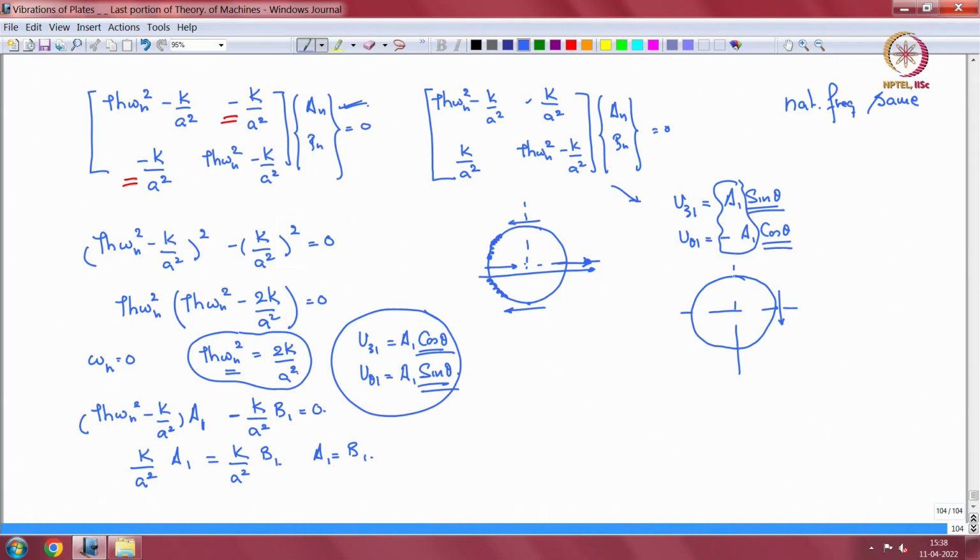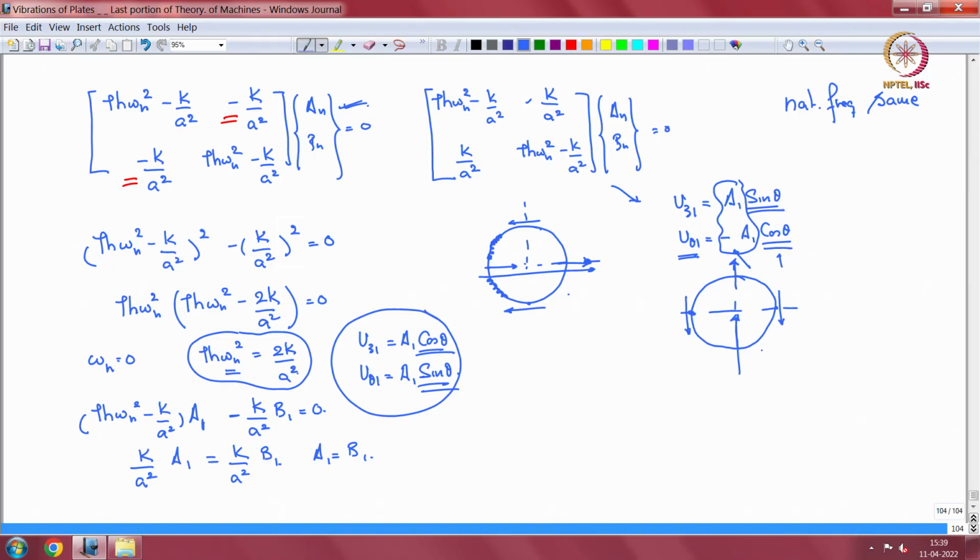At theta pi by 2, u3 is positive, so I get this, and u theta is 0. At theta equal to pi, sine is 0, whereas cos pi is negative, and I have a negative, so it is positive, so I get a positive u theta. And then finally at 3 pi by 2, sine is negative and cos is 0, so I get this. So you see it is the same displacement.